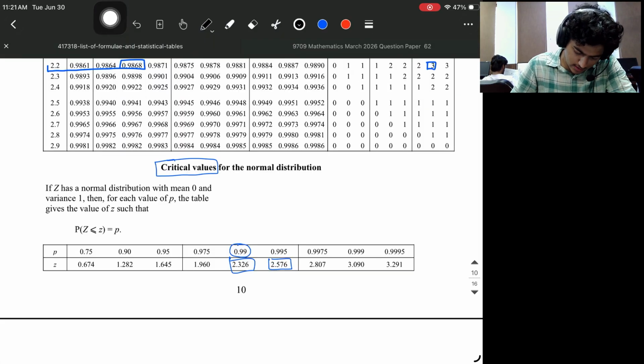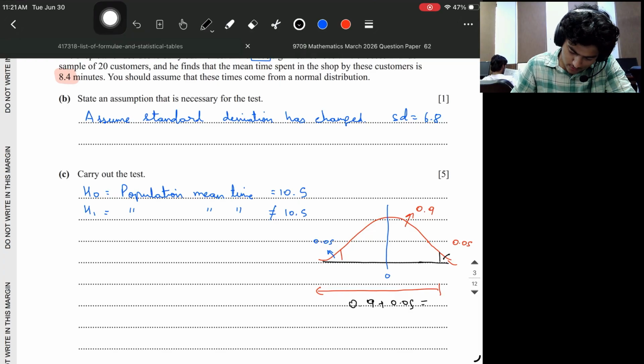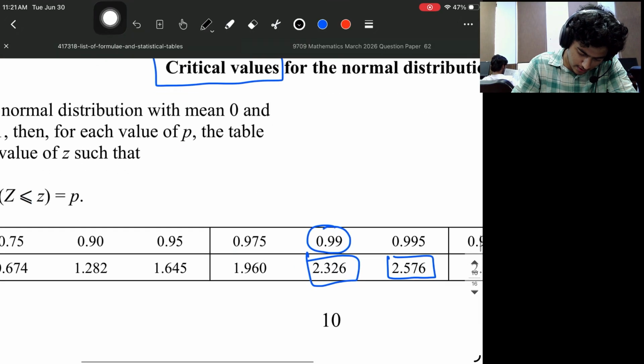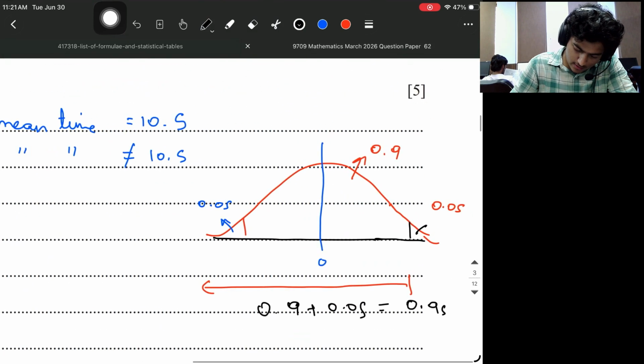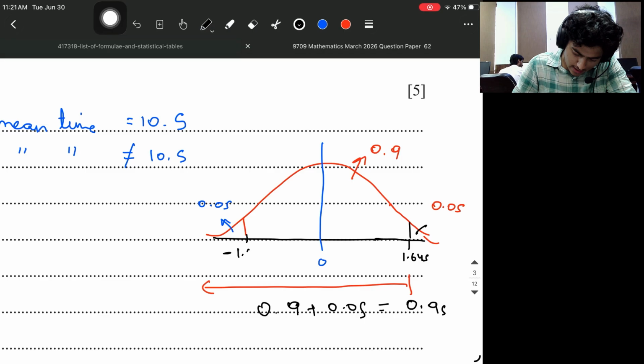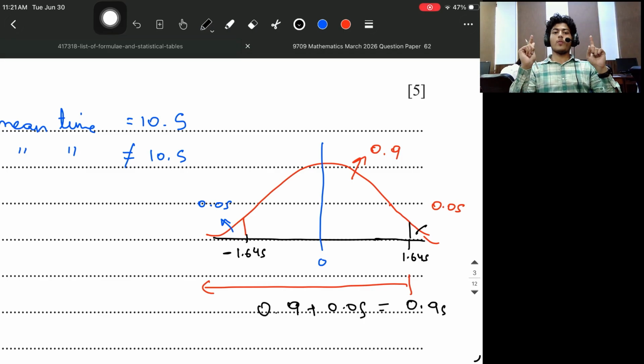So if we look at the z table over here, we'll be finding the value for 0.95, and the z value for 0.95 is 1.645. Now considering this, our z value is 1.645 over here, and for this side it would be negative 1.645, since we know that the normal distribution table is a mirror image.